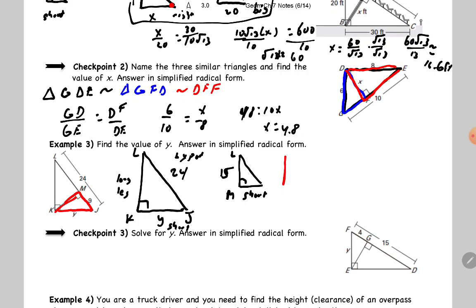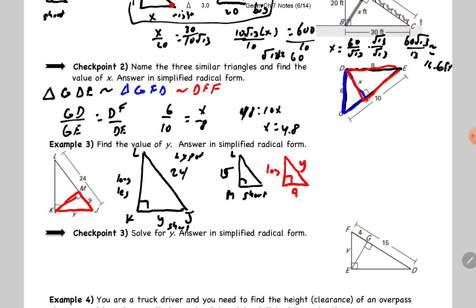So I have a long leg, a short leg, and a hypotenuse. So the short leg of the red triangle is 9. Our hypotenuse of the red triangle is y. And then we have nothing for our long leg.